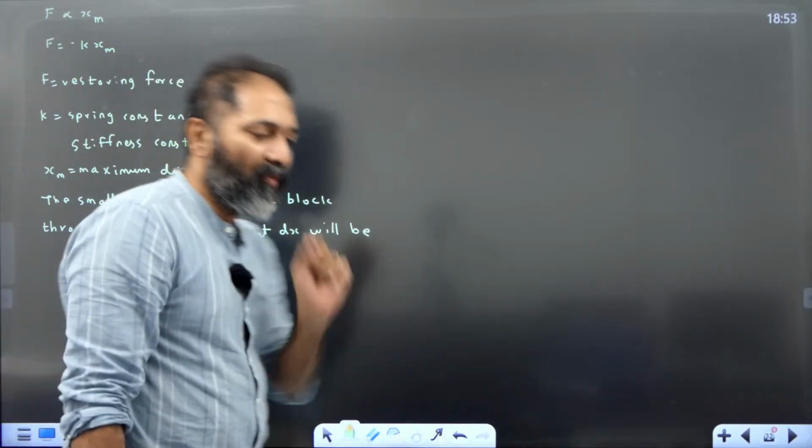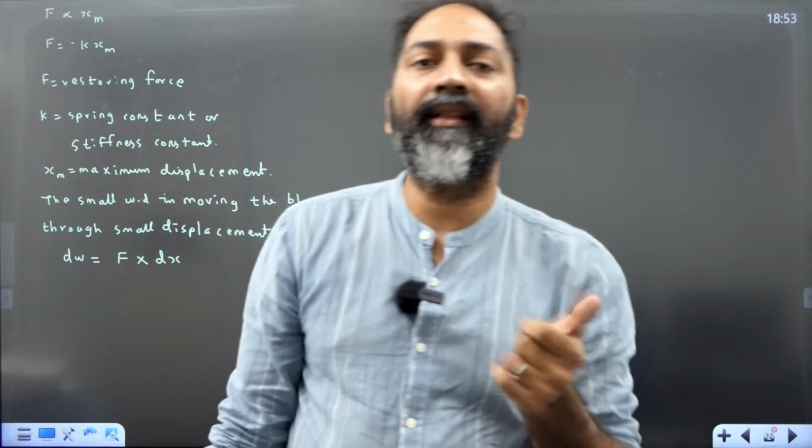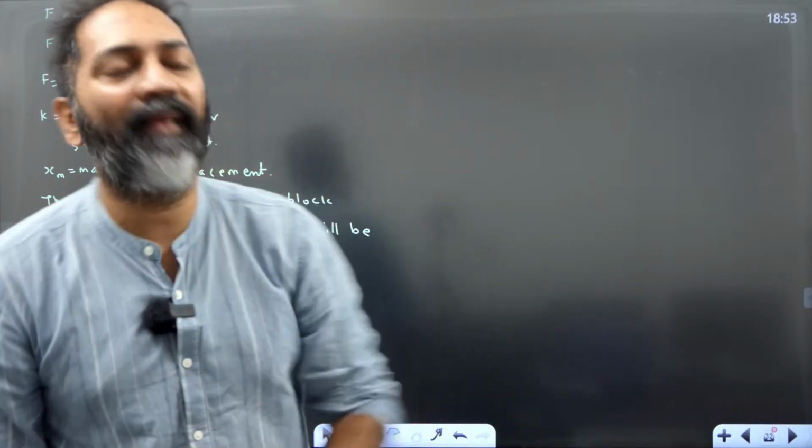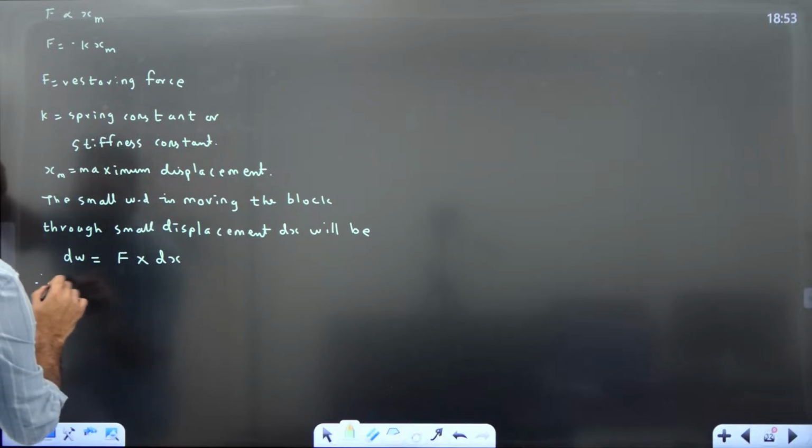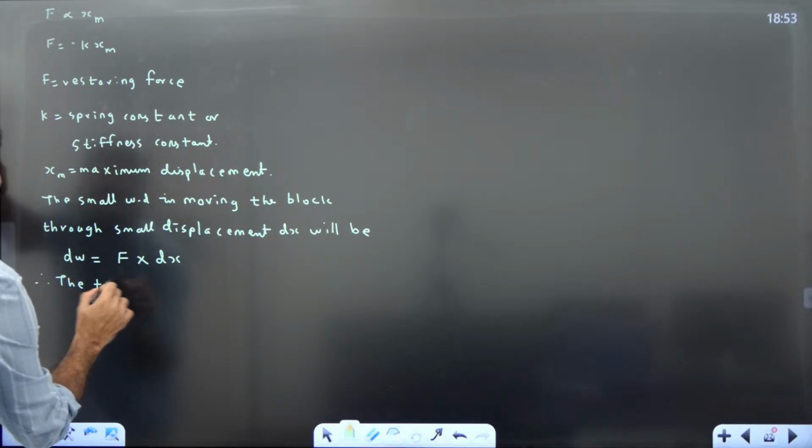See, the small work done in moving the block through small displacement dx will be what? dW equal to F dx.